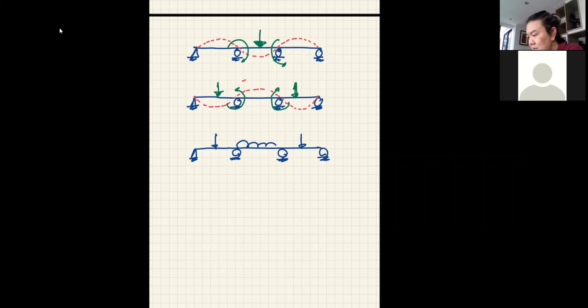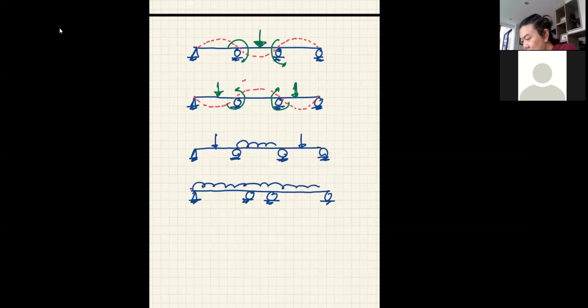And sometimes if I do something more dramatic like this, and then my internal span is very, very tiny, like this, and say put the equal load on them. Now chances are, because this is so short, and when you consider the stiffness, it means that this one is pretty stiff.